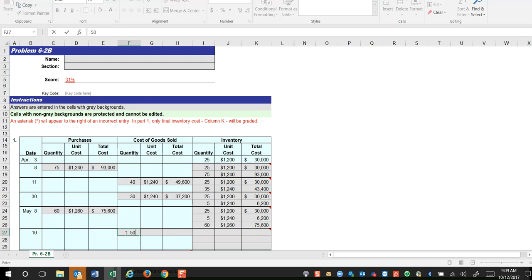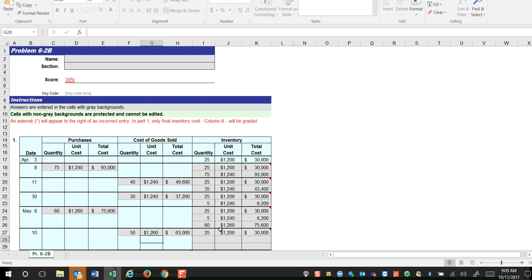Then on the 10th, lo and behold, I sell 50. Where do those come from? Since this is last in, first out, these are the last ones that came in at 1,260. So that's going to be my unit cost. I take those 50 at 1,260, multiply that out, and that's 63,000. And now guess what I do? I know you're starting to get the hang of it. There's my 25 at 1,200, and that equals 30,000.